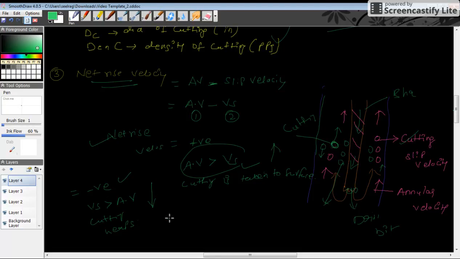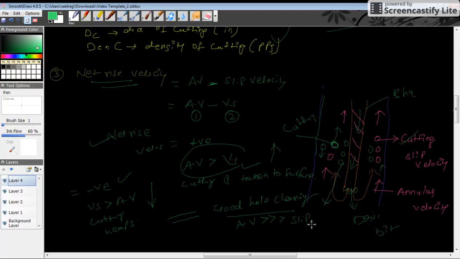This is the calculation we use to understand the behavior of cutting slip velocity. Good hole cleaning should always ensure annular velocity is greater than slip velocity.